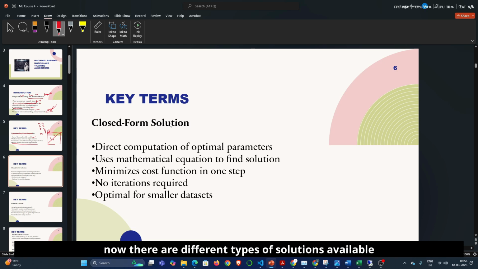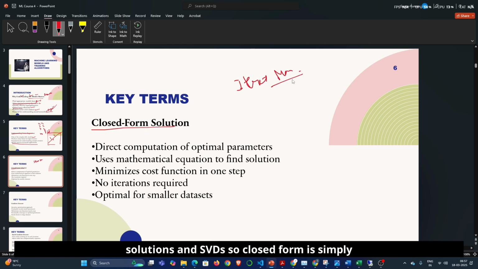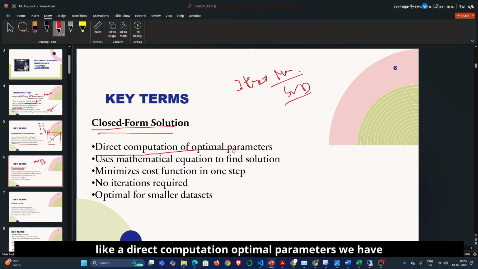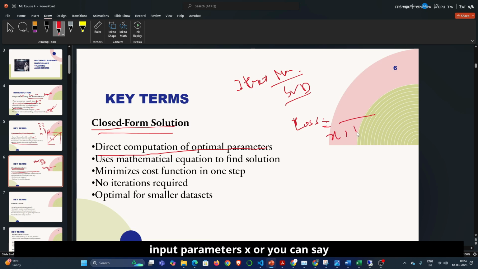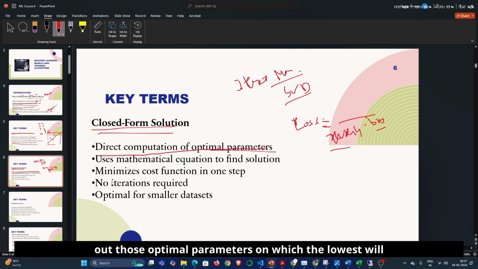Now there are different types of solutions available. One is closed form solutions, another one is iteration based solutions, normal equations, and SVD. So closed form is simply a direct computation of optimal parameters. We have a loss function, or you can say our equation is already given. We will find the optimal parameters, weights and bias, theta and bias, at which the loss will be minimum.